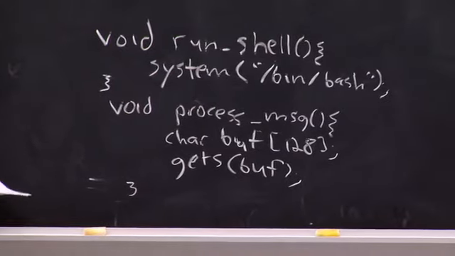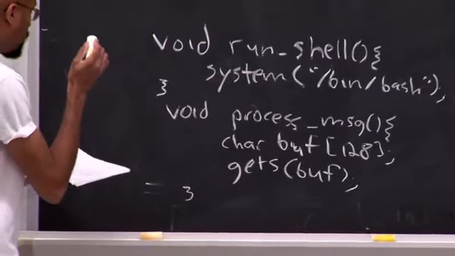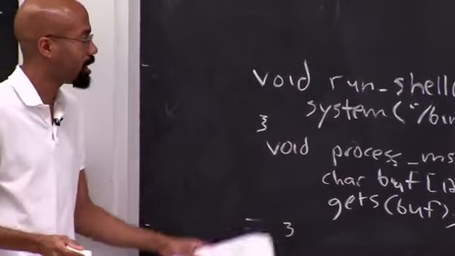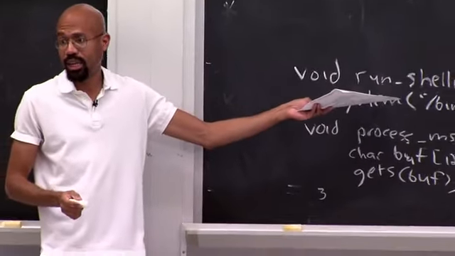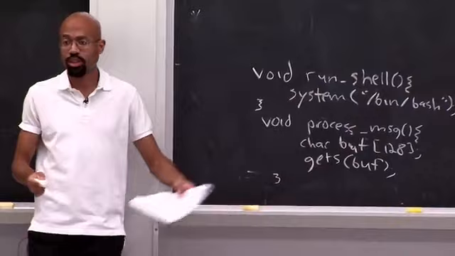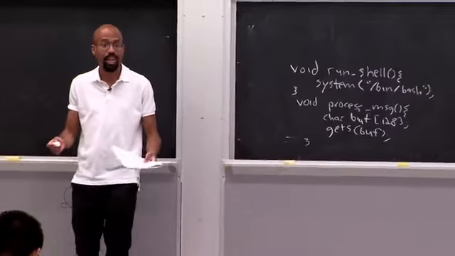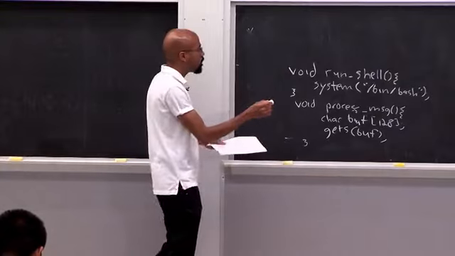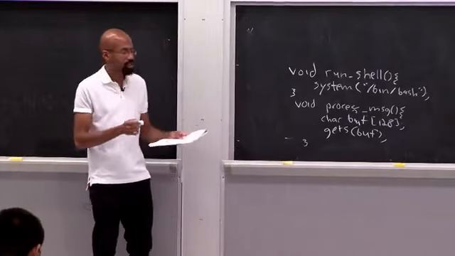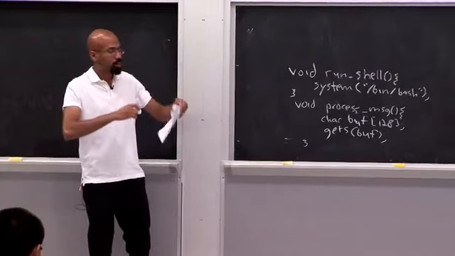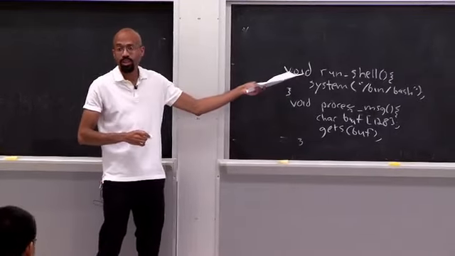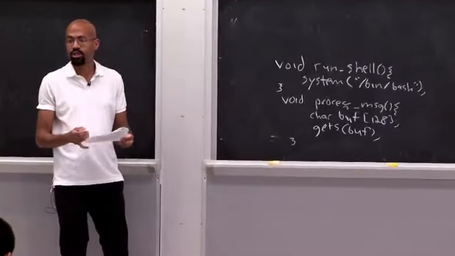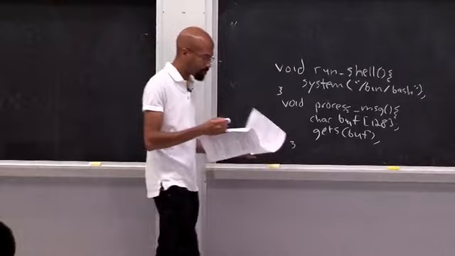First of all, the attacker can disassemble the program, run GDB, and find out the address of this thing in the executable. You all should be very familiar with doing those kinds of things through the lab. That's the first thing the attacker can do. And then during the buffer overflow, the attacker can take that address, put it in the buffer overflow that's generated, and make sure that the function returns to run shell.